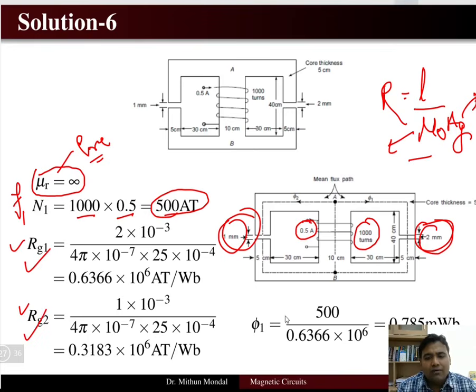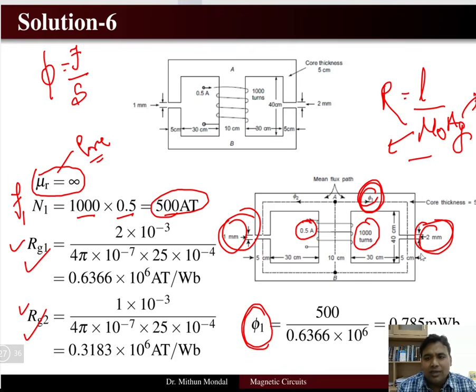Then after you have obtained this reluctance, you calculate the flux phi 1. Okay, phi 1 is the flux that is flowing in the core. What is the flux flowing in the core? Phi 1. So the flux is basically the mmf divided by the reluctance.